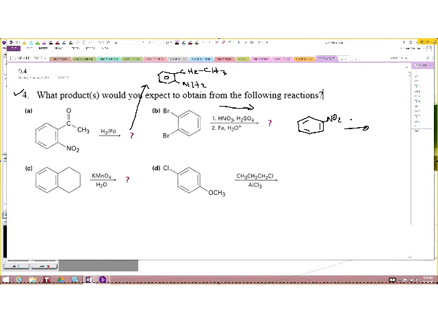And then the second step is iron with dilute acid, and that gives you the aniline. So this is the product that we are looking for here.